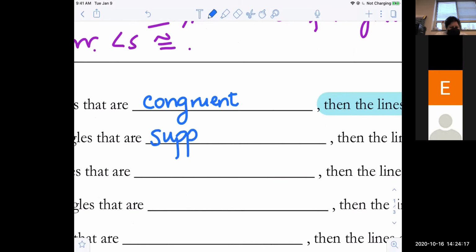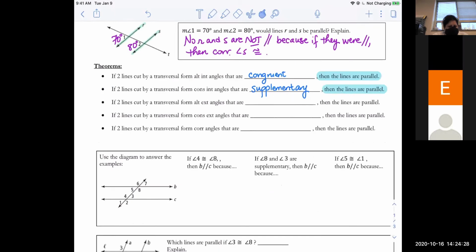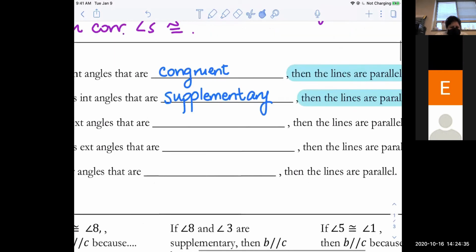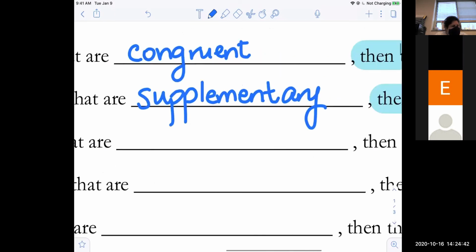If the consecutive interior angles are supplementary, then those two lines cut by a transversal are parallel. If two lines cut by a transversal form alternate exterior angles that are, Zach, what should that be? Alternate exterior that are congruent, then the lines will be parallel.